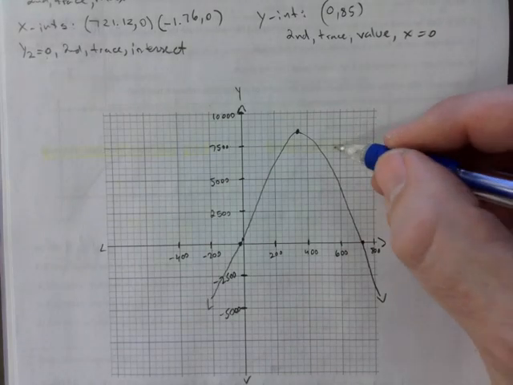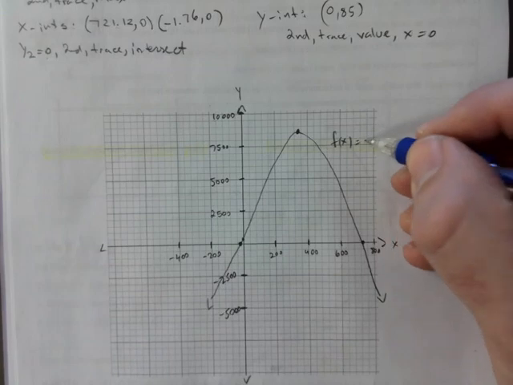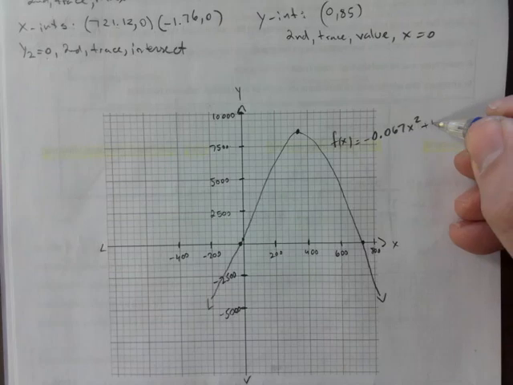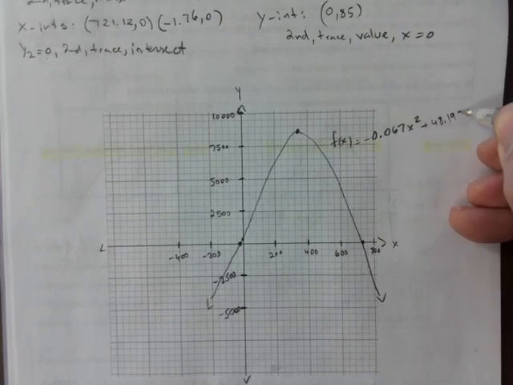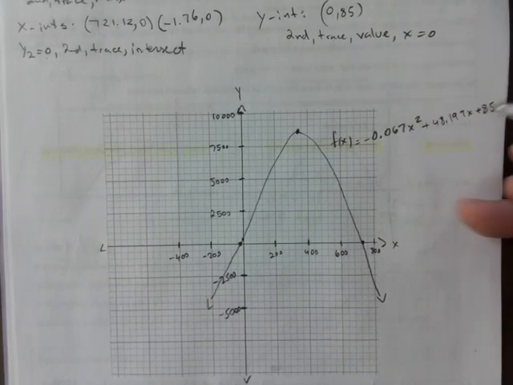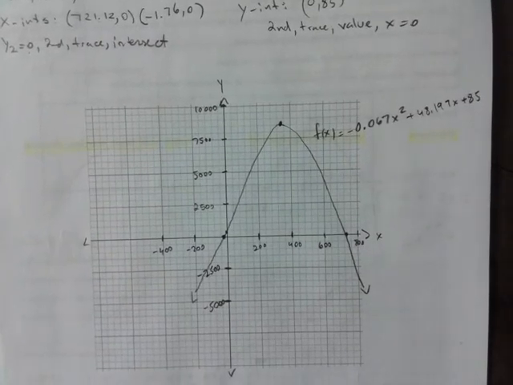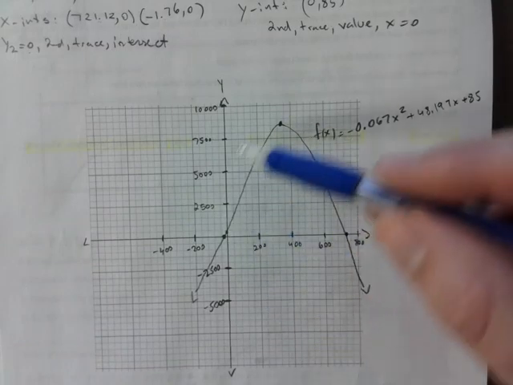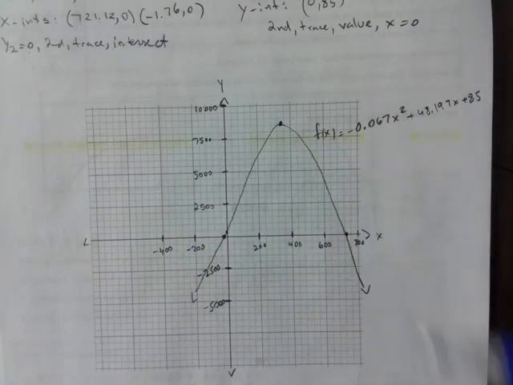And just make sure you add your equation, negative 0.067 x squared. And there you have it. So thanks to the x-intercepts and the vertex, we were able to find a scale that would work for this particular case.